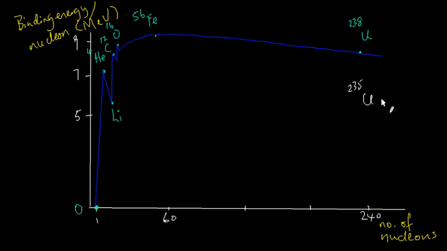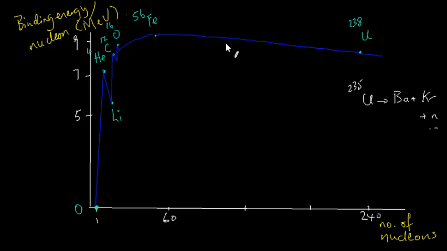the uranium nucleus, the uranium nuclide, was split into barium and krypton plus some neutrons. So barium and krypton are lighter nuclides.